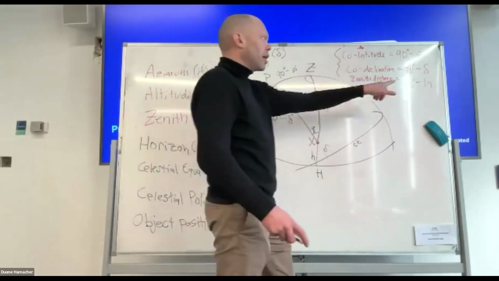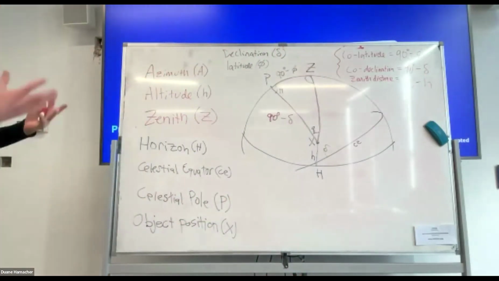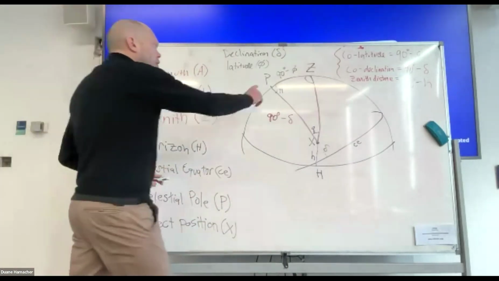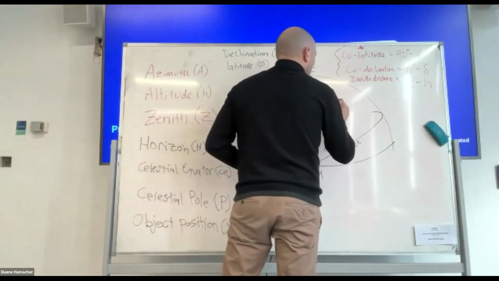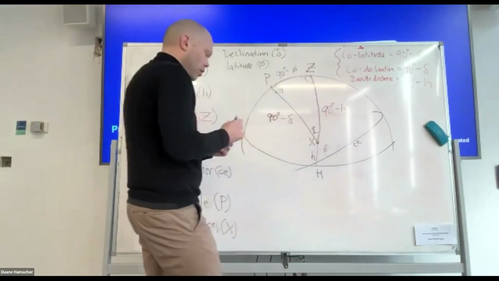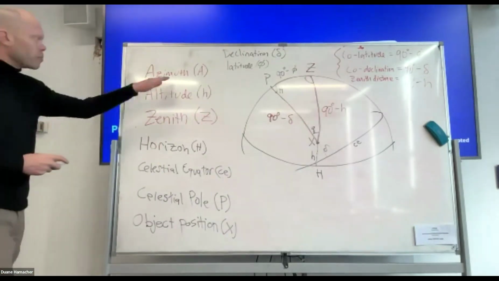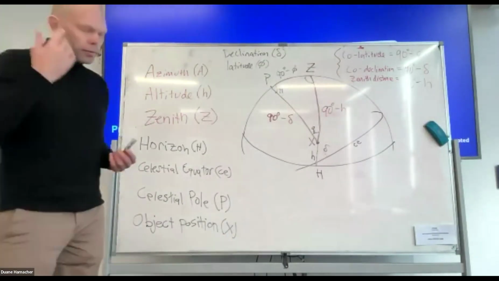And we're trying to find the declination of an object. So by looking at our grid here, looking at our sphere, we can use these 3 relationships using the law of cosines to work out an equation where we're going to be able to relate these together. That's what we're trying to do here.